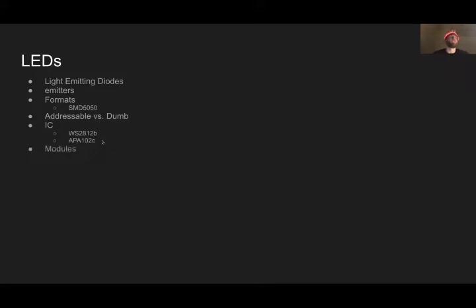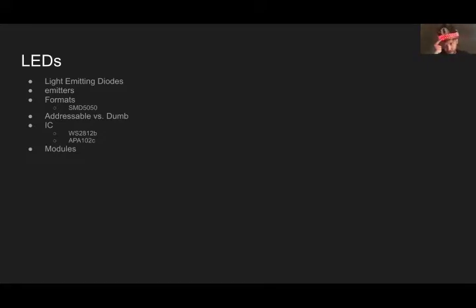Okay, let's talk about modules. So the concept of modules essentially means how many emitters are being controlled by each IC, okay? So we've got the concept of emitters, which is where the light actually comes from, and the concept of the chip, the IC, which gives those emitters their address.